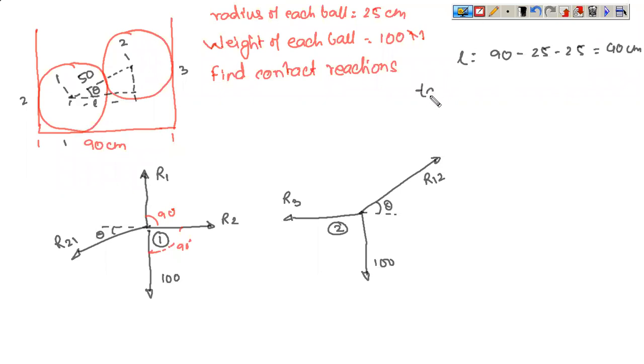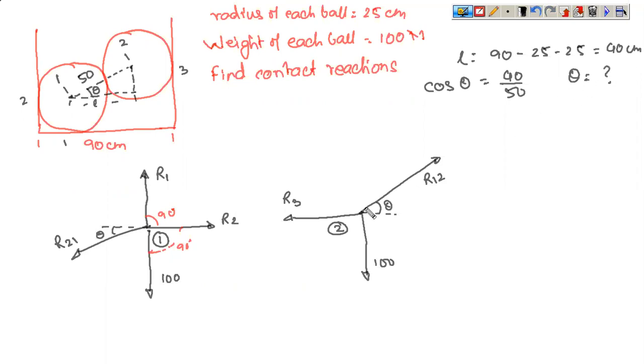So tan theta, sorry, it won't be tan. Cos theta is base by hypotenuse. So base is 40 and hypotenuse is 50. So from here you will get the value of theta.